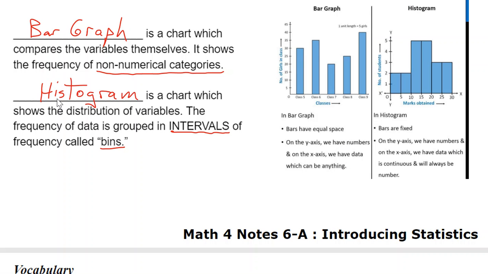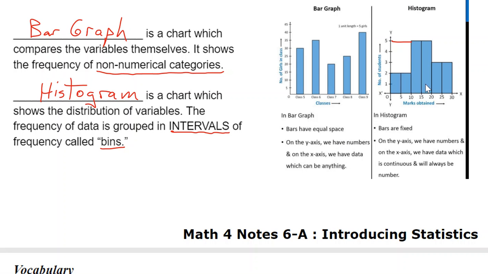Now, the problem with this is that if somebody wants to ask, so where's the median? Give me a number for the median. Well, I can't give you a number from the histogram. I can tell you what bin it falls in, but I can't give you an exact number, because all this is telling us is that there are 5 students between 10 and 15.